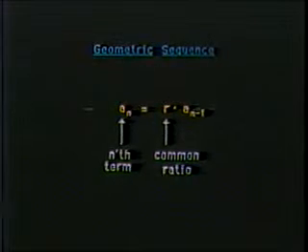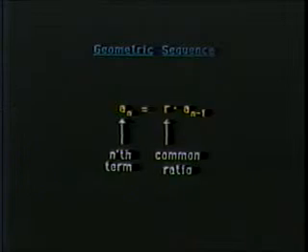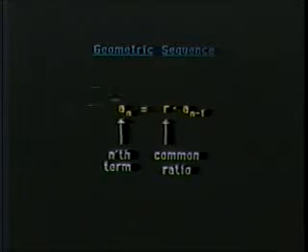Geometric sequence, multiplication. This time we get from each term to the next by multiplying by the same number each time. That same number is called the common ratio. That's simple enough. Now what about the other formula?